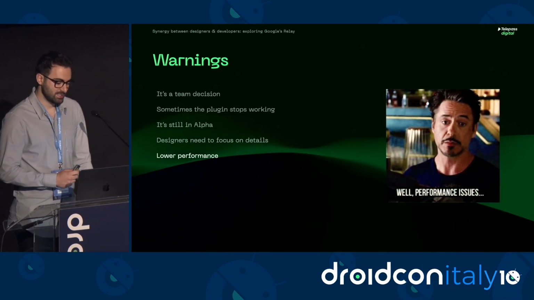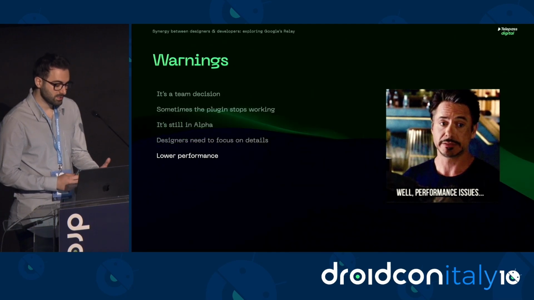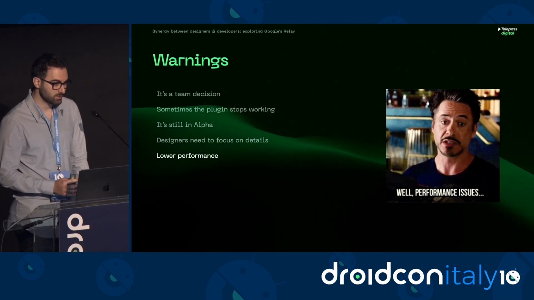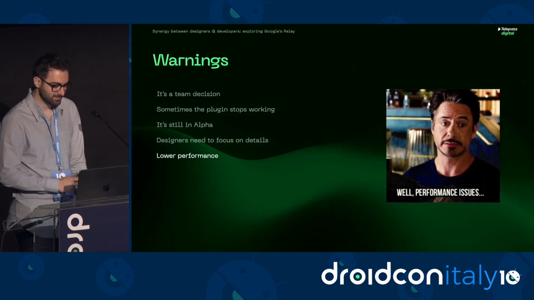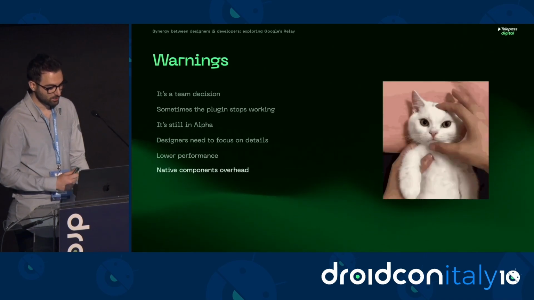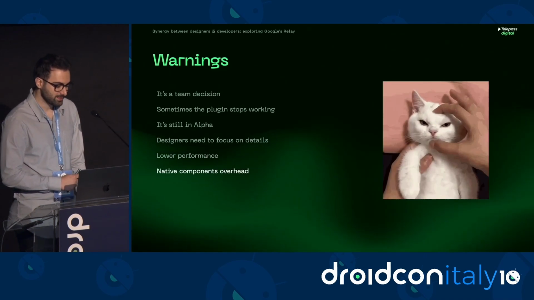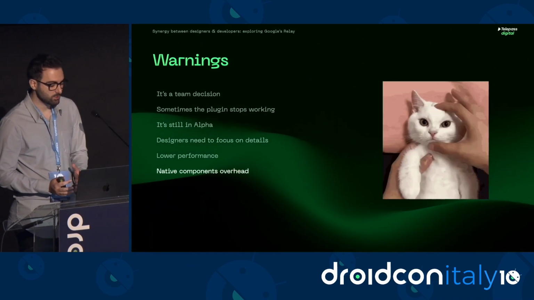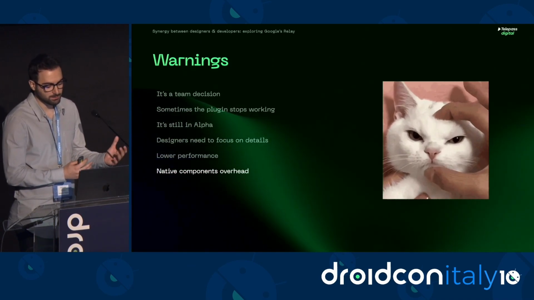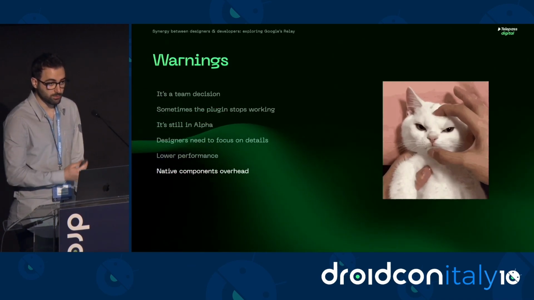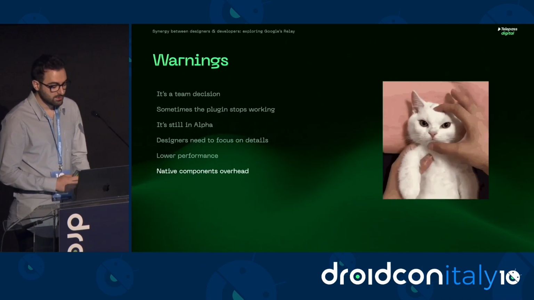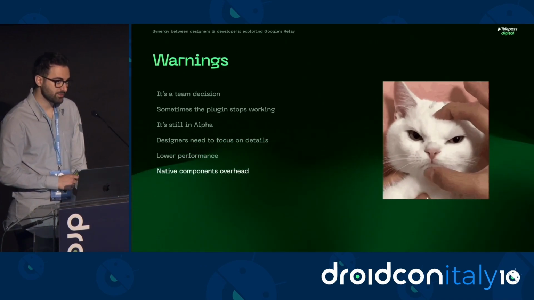One must also consider that automatically generated components may not match the performance of manually designed ones. Furthermore, if the layout is a native element, there is a little overhead to deal with. That is, designers must also create a standalone component that matches the native one, as we saw for the progress bar in the example, and the developers have to add the corresponding mapping file.